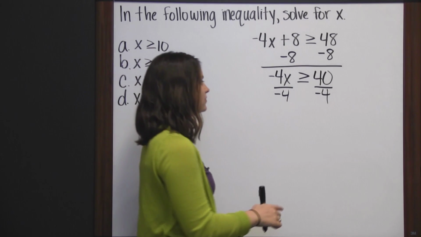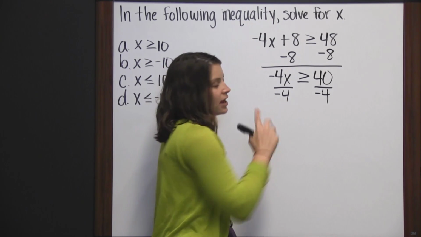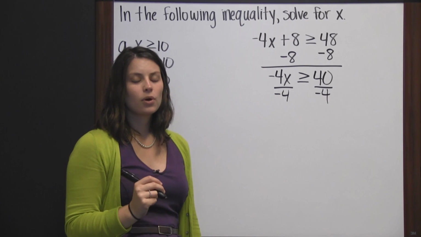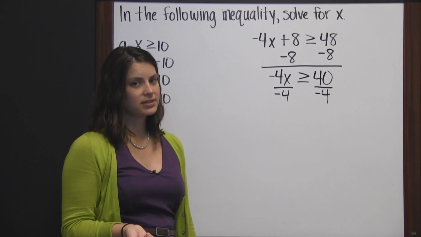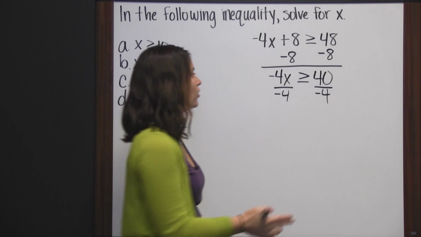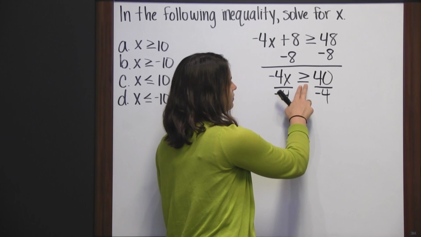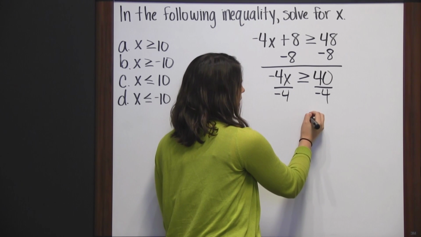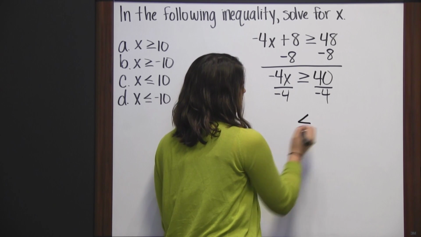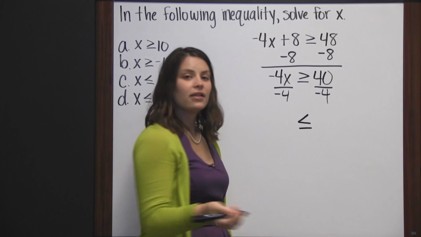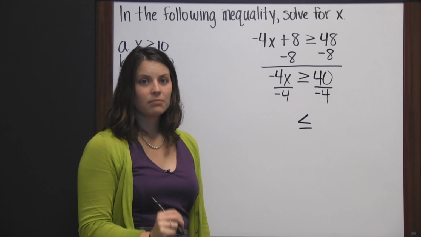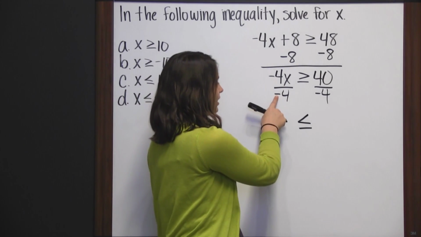And that is, if you divide both sides by a negative number, or you multiply both sides by a negative number, you have to flip the sign. So now instead of greater than or equal to, our sign is now a less than or equal to sign. And again, that's because we divided both sides by a negative number.